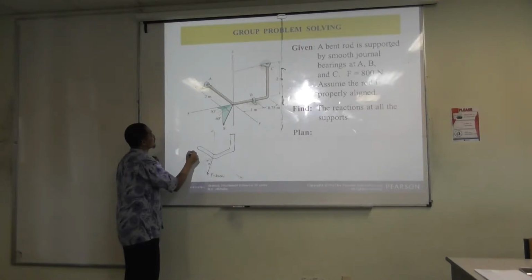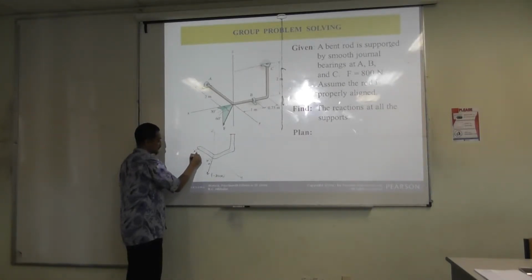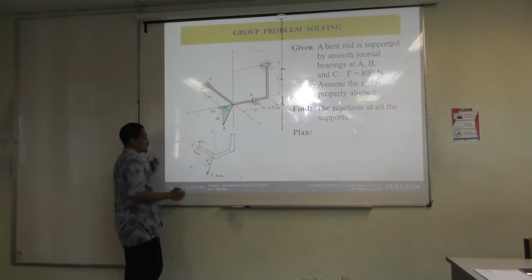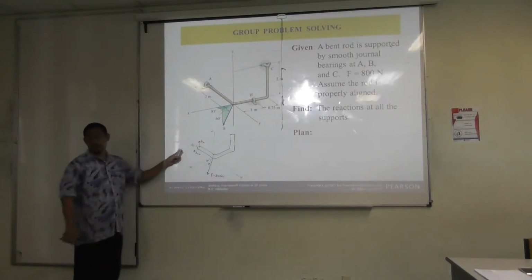X, Y, Z. AX, AY, AZ. So do you have AX? AY, do you have AY? Yes. Now, any objection?